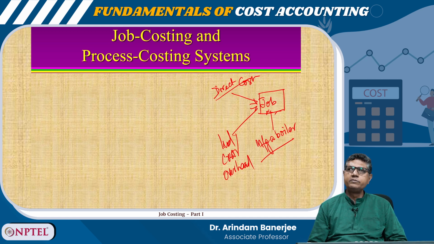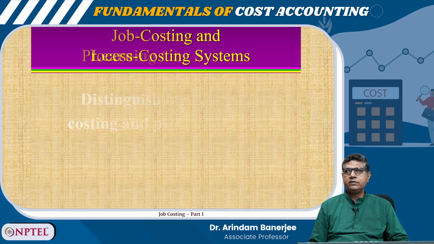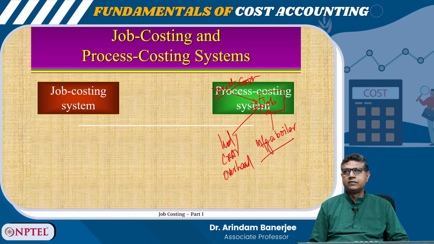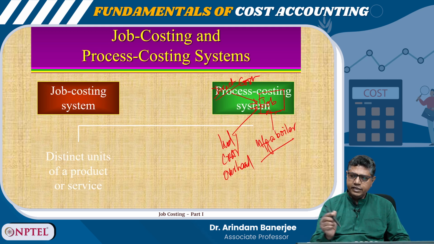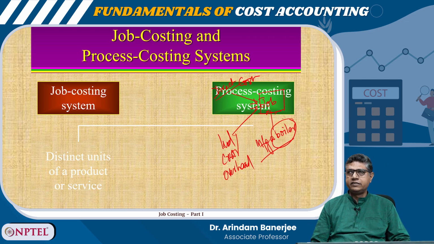Now, what is the difference between job costing and process costing systems? What is the distinction between job costing and process costing? In the job costing system, there are distinct units of a product or service. As I gave an example, each boiler is distinct, and their specifications are distinct.